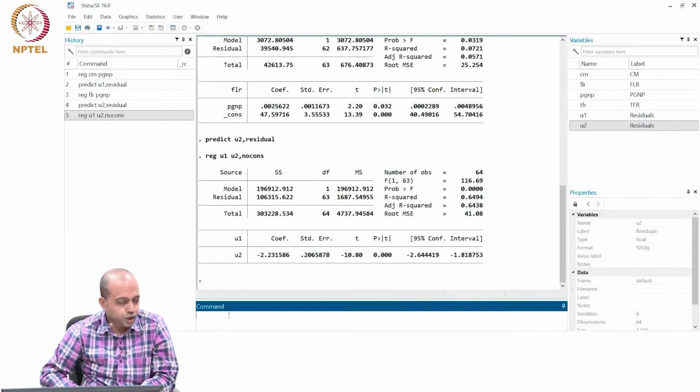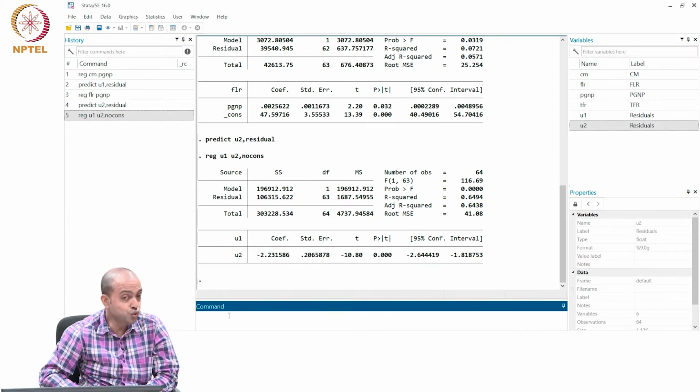So, what is the coefficient here? Coefficient of U2 is minus 2.231. That means for a unit change in U2, U1 changes by minus 2.231 unit on an average. But then what is its relation with the original equation?